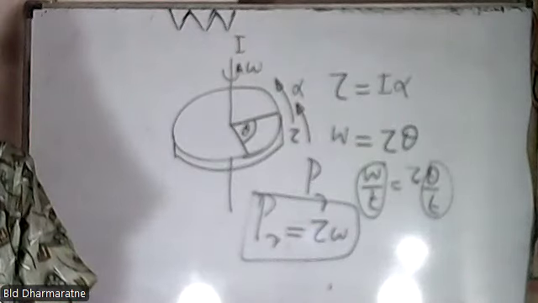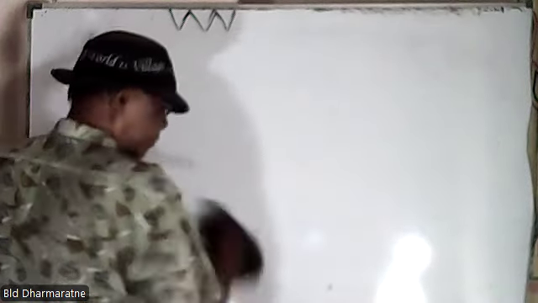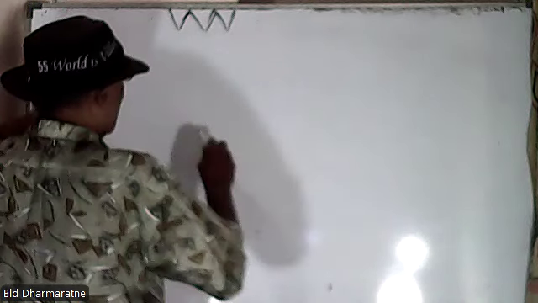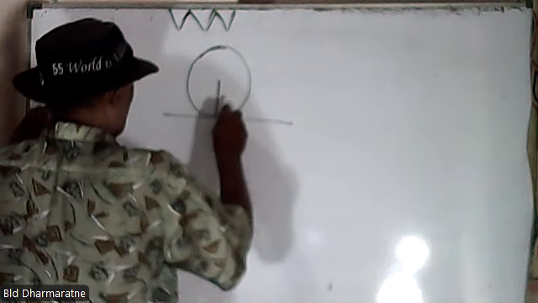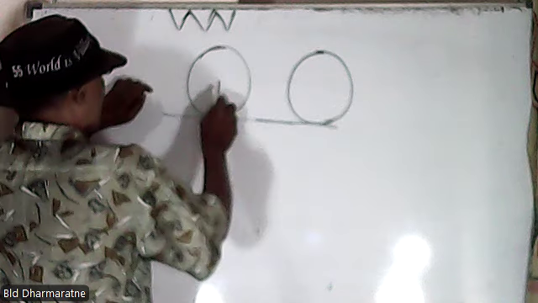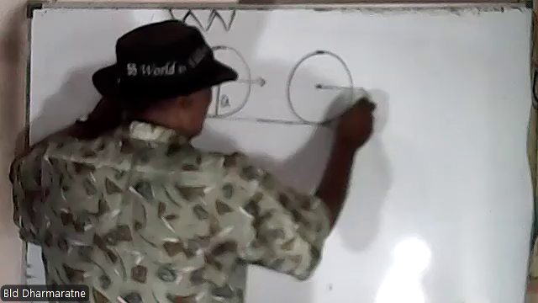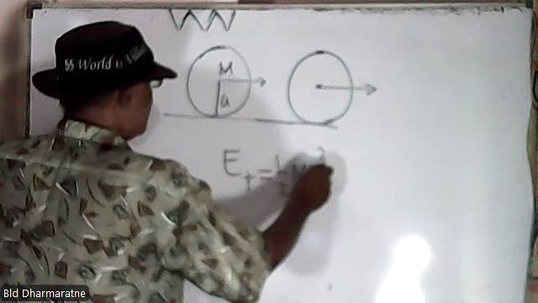Now we come to the rolling body and its total energy. Consider a body of radius A rolling on a smooth plane, with linear velocity V. Due to the linear velocity, the translational kinetic energy is half m v squared.